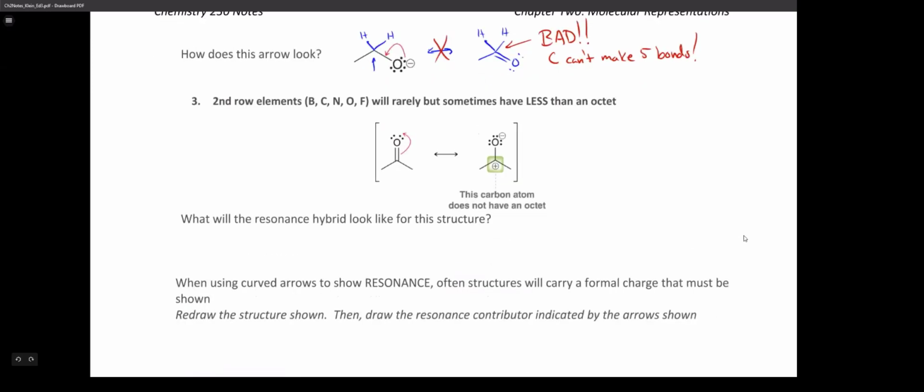Okay. So what will the resonance hybrid look like? If that's valid, we draw all the sigma bonds in. I'll just redraw that as a dash. And then this side is what? Partially positive or partially negative?